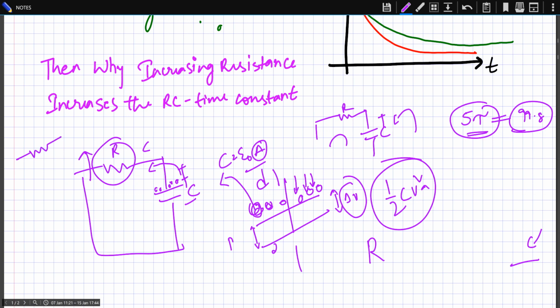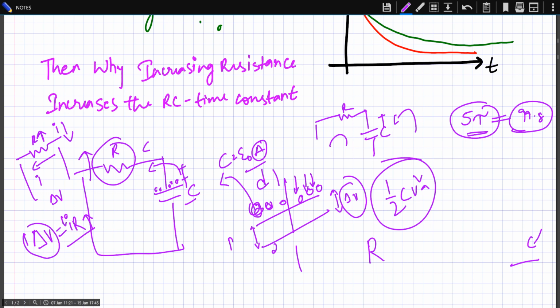Resistance is known to decrease the amount of current flowing through it. It's simple Ohm's law: delta V equals the current times the resistance. If the resistance increases, keeping the voltage across it constant, the current should decrease.